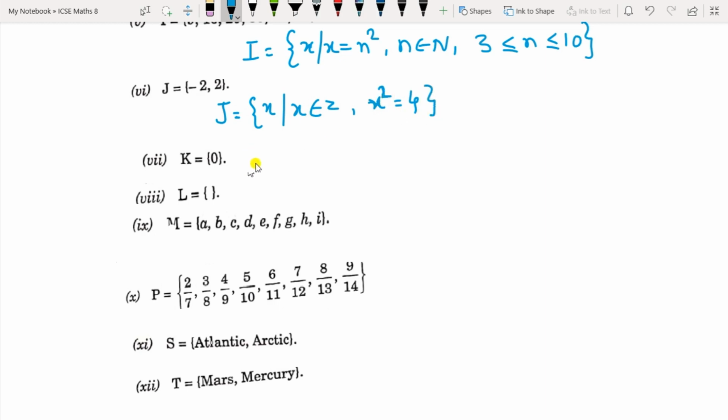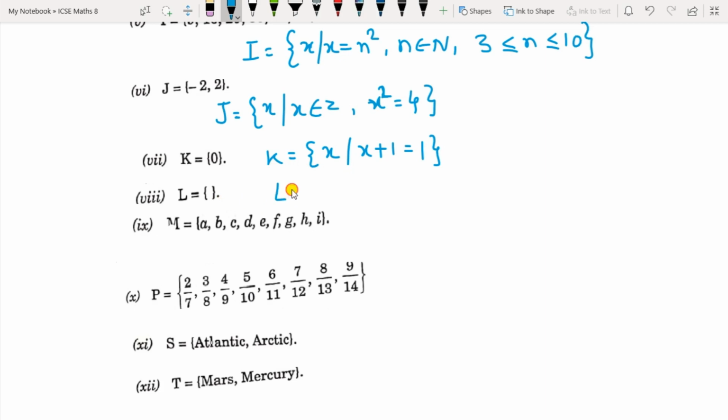So that is J. Then K equal to, it is 0 given. So 0 is the additive identity. So x such that x plus 1, any number is 1 here. So that is called the additive identity. So K equal to x such that x plus 1 equal to 1 or x plus 3 equal to 3, any number.